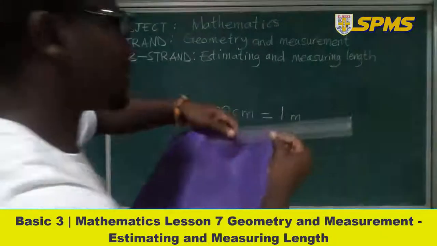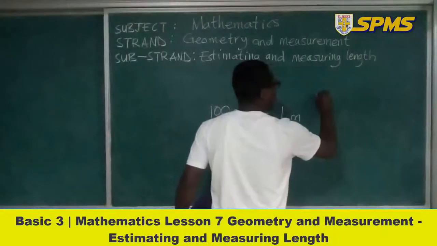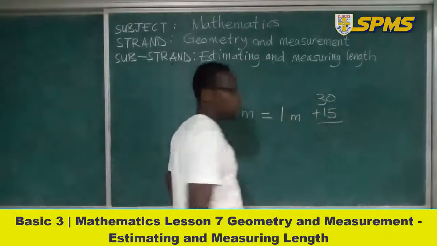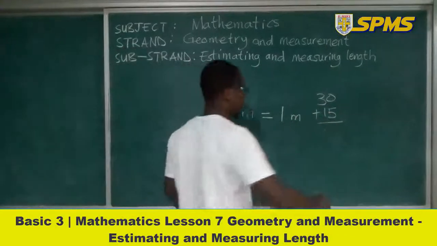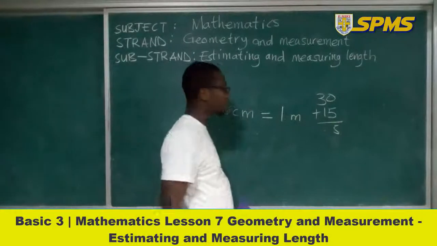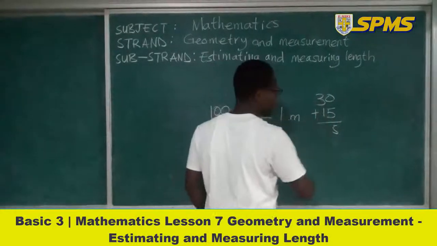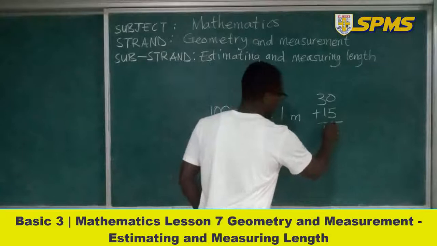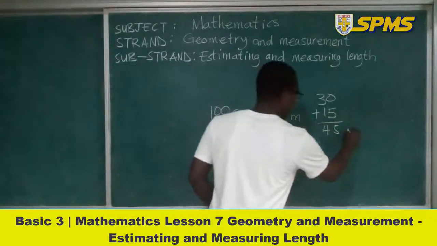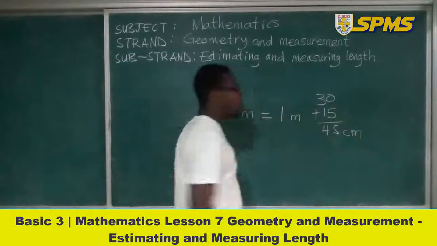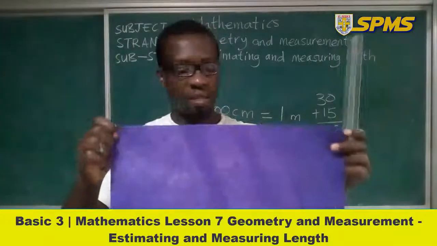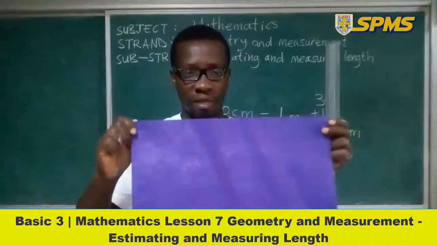So when you add 30 plus 15, what do you get? 0 plus 5 is 5. 3 plus 1 is what? 4. So I think I guessed right. So that will give us 45 centimeters. The length of this cloth is 45 centimeters.